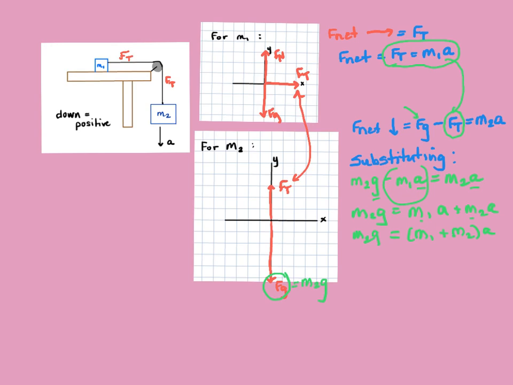What I'm trying to do is get an equation for acceleration here. So A equals M2G divided by M1 plus M2.